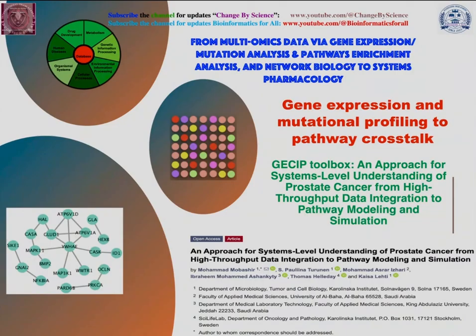So this is one of the software which I had developed in 2021, and this was published with the real application in Cells. So this is basically a kind of software which I have named GCIP Toolbox, which is the replacement of IPA software, or which you also call Ingenuity software, which is a kind of highly paid, commercial software.